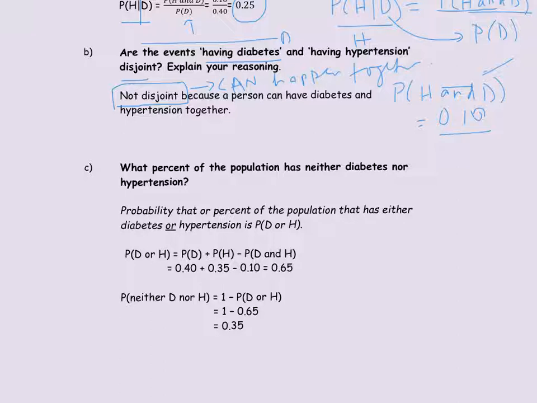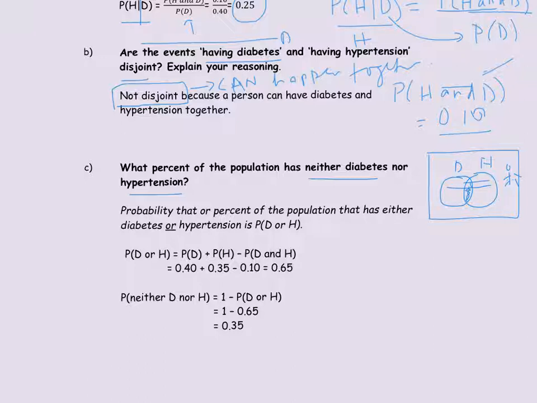Now the next question says, what is the probability, or what percent of the population, has neither diabetes nor hypertension? So we've seen that having diabetes, which is D, and having hypertension are not disjoint, which means there is an overlap, right? And it is possible that there are people who have neither one of these problems.